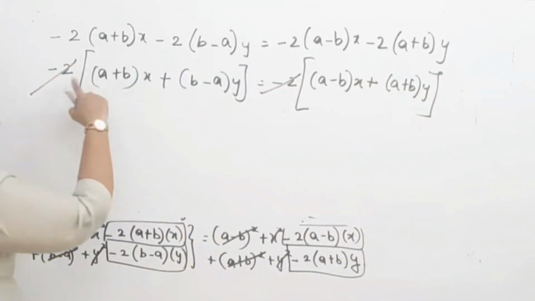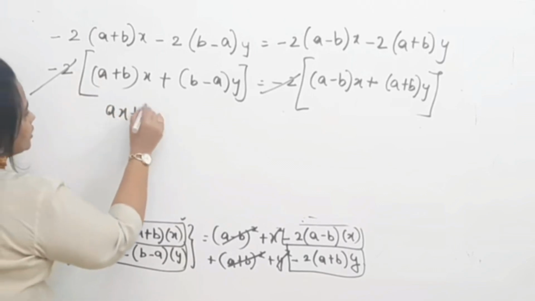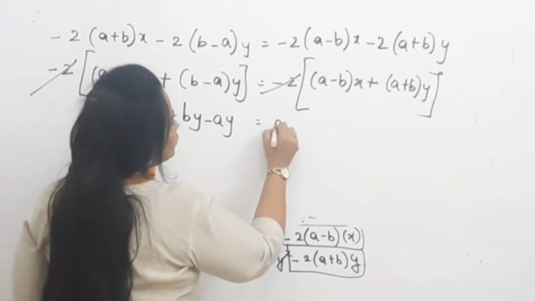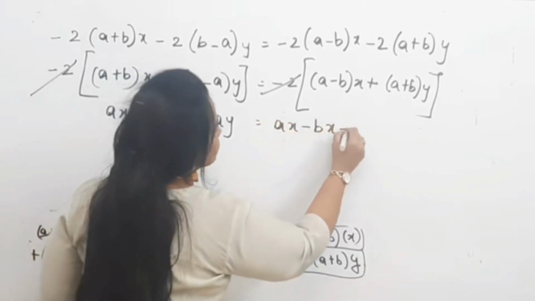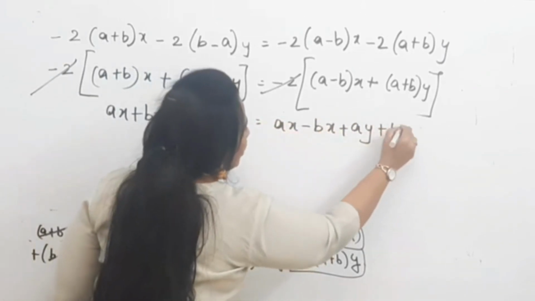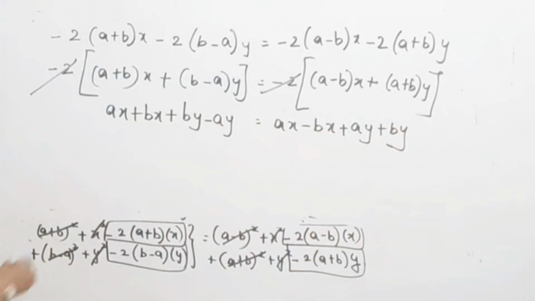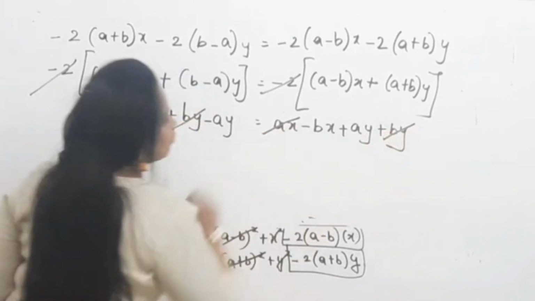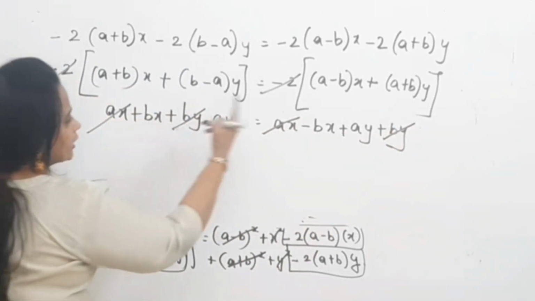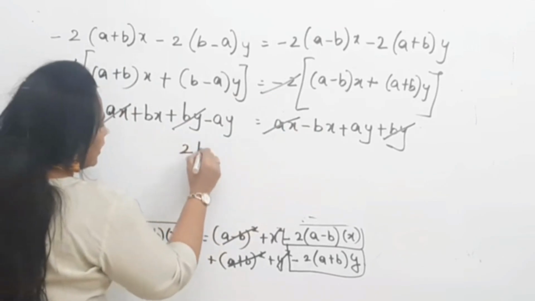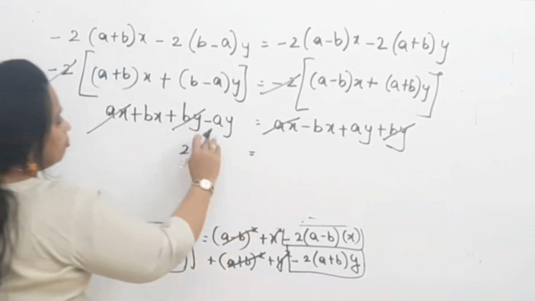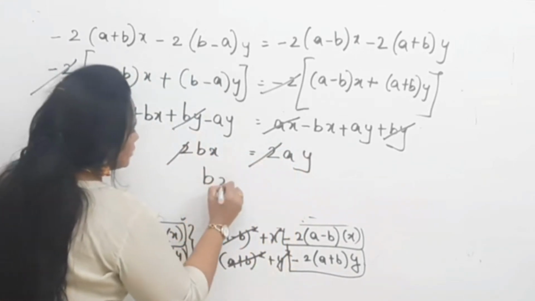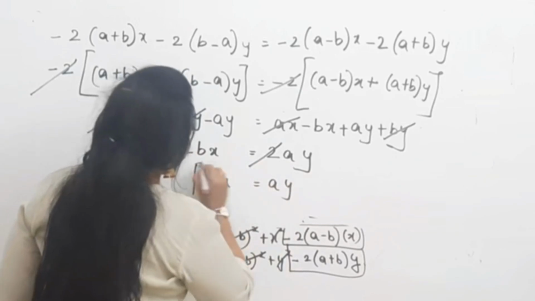Now I'm going to multiply the terms. ax plus bx plus by minus ay is equal to ax minus bx plus ay plus by. Now I'm going to cancel the terms which are exactly the same. So plus by gets cancelled. Now plus bx minus bx, I bring it to this side, it becomes 2bx. Minus ay, I bring it to the other side, so 2 gets cancelled, that is bx is equal to ay. Hence proved.